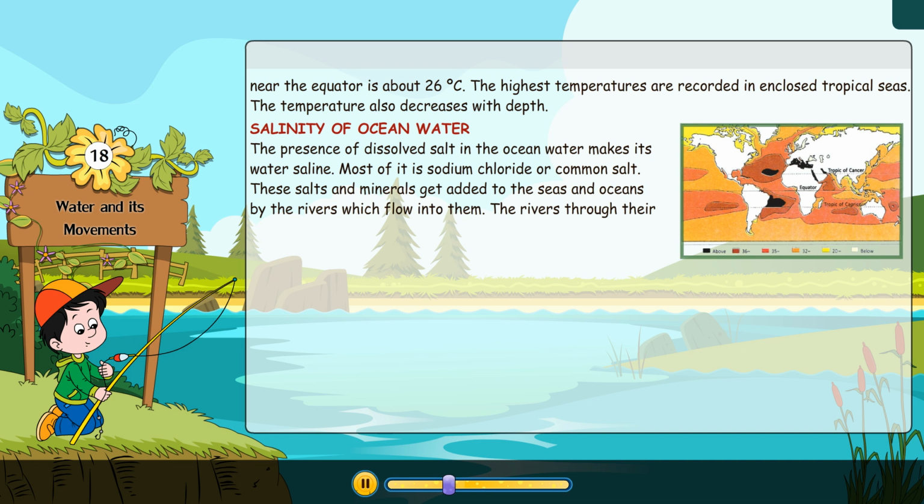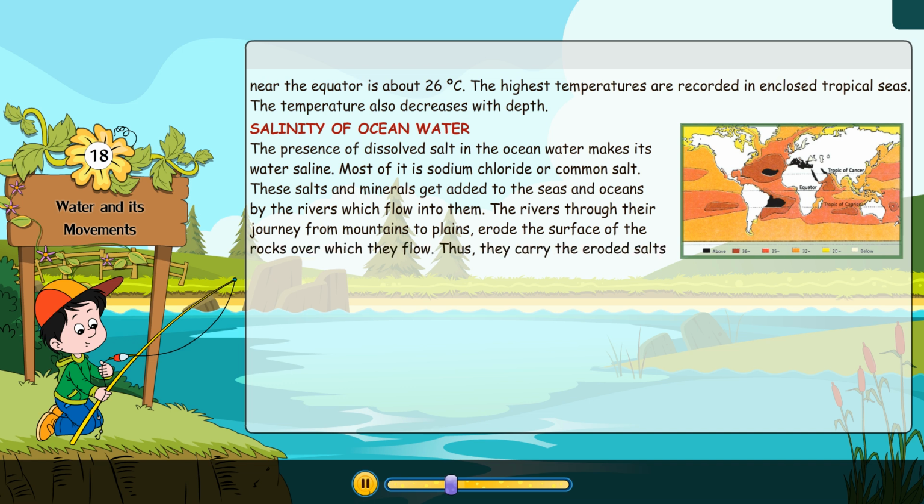The rivers, through their journey from mountains to plains, erode the surface of the rocks over which they flow. Thus, they carry the eroded salts and minerals of the rocks with them and ultimately deposit them into the seas and oceans which they join.